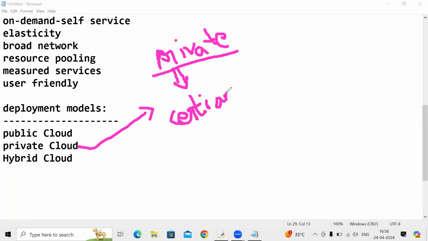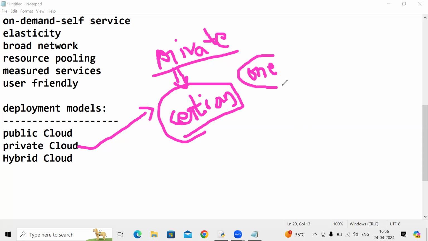It will belong to only certain people. Suppose I have one company. I am maintaining the cloud in my company, which belongs only to my company.